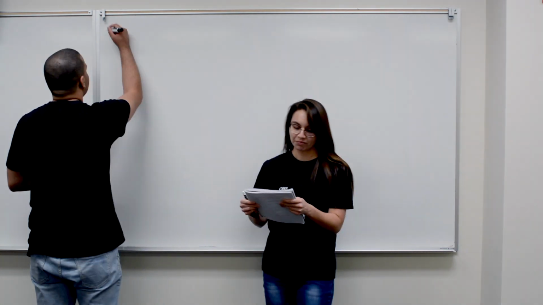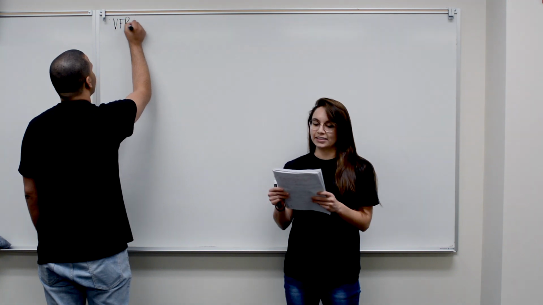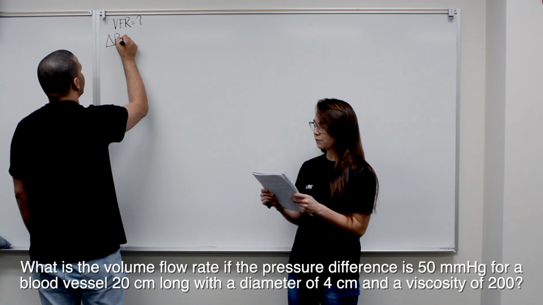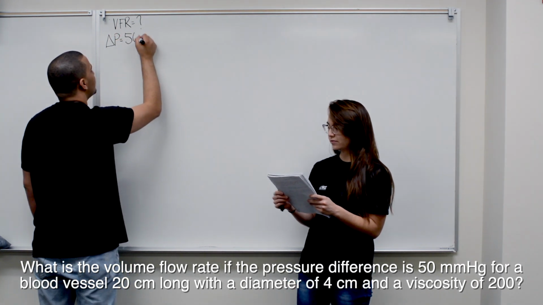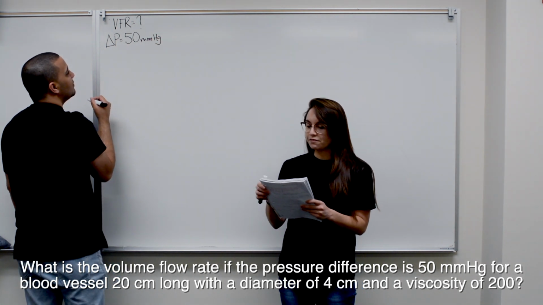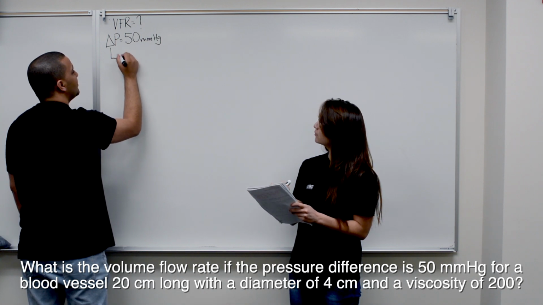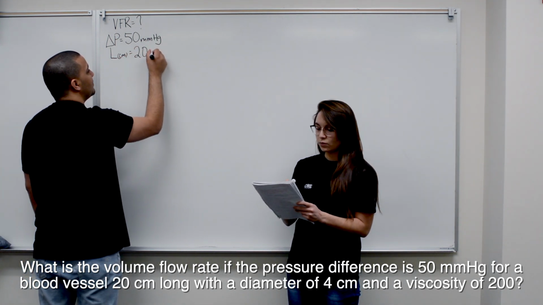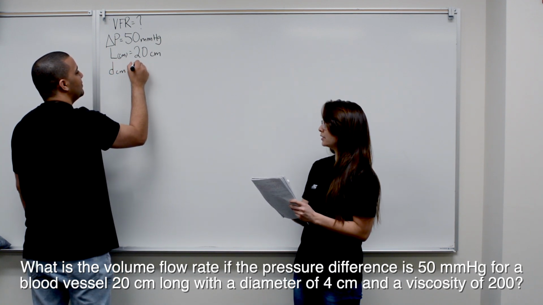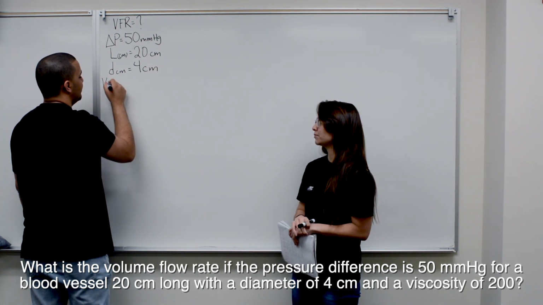All right. What is the volume flow rate if the pressure difference is 50 millimeters of mercury for a blood vessel 20 centimeters long with a diameter of 4 centimeters and a viscosity of 200.